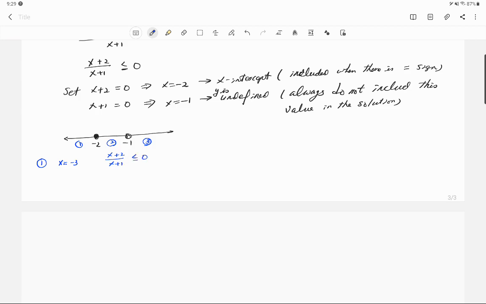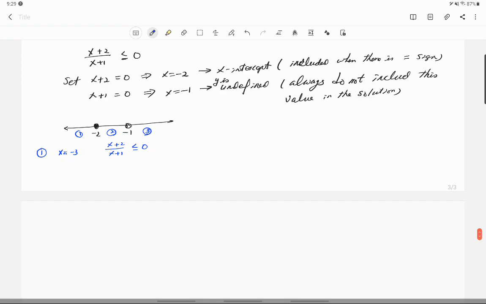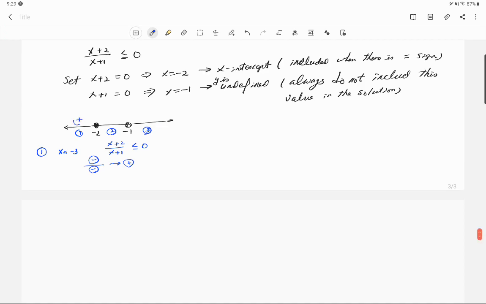If x is -3, then the numerator is -3 plus 2, which is negative. The denominator, -3 plus 1, is negative. So negative divided by negative is positive. For this interval, the y value is positive.